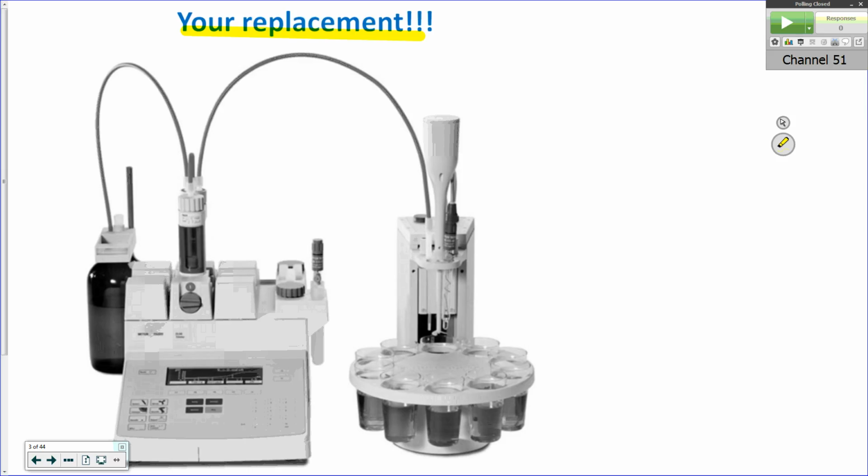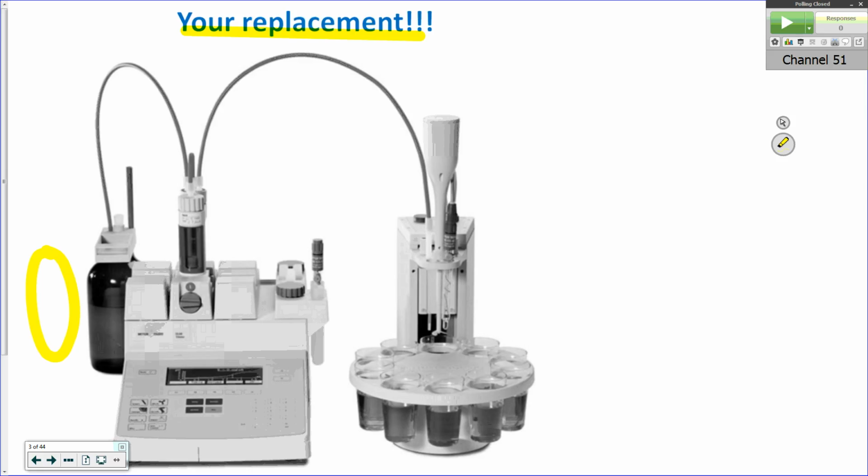Technology has changed our jobs. Certainly in my career, it'll be changed forevermore. We analyze for more things than we ever imagined, with greater precision, greater accuracy, and at lower concentrations. But fundamentally, you have a reagent in here of known concentration.